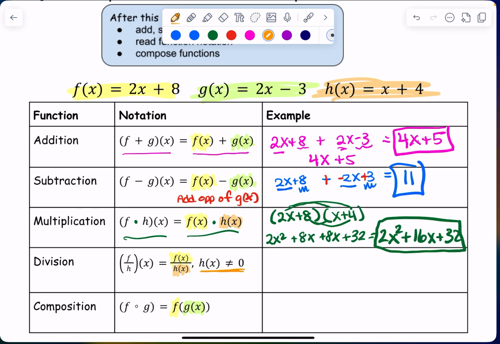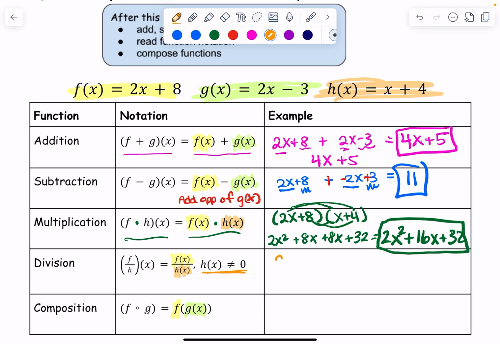Okay, so our f of x, which is on the top, is 2x plus 8, and our h of x, which is on the bottom, is x plus 4. If there was nothing in common, we would stop here, but we need to see if we can factor. On the top, we can see that both of these values have a 2 in them, so we'll factor out a 2, and we're going to be left with x plus 4. And on the bottom, I have x plus 4.